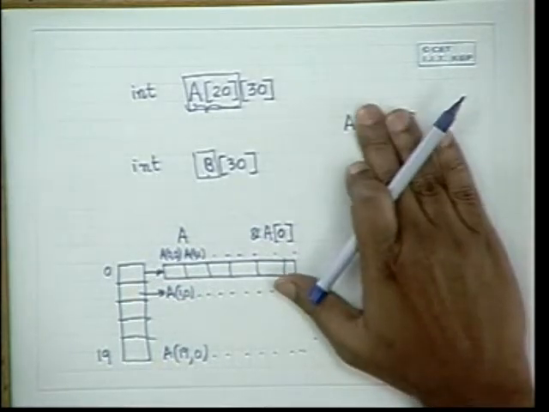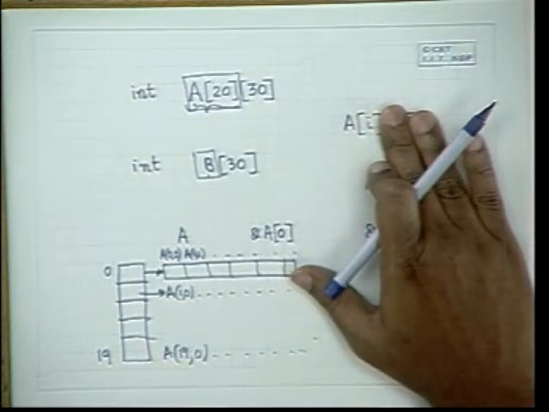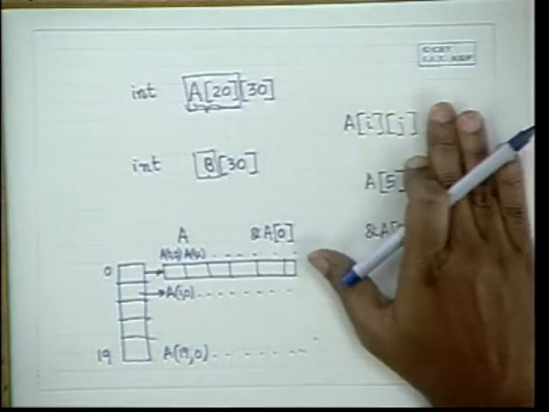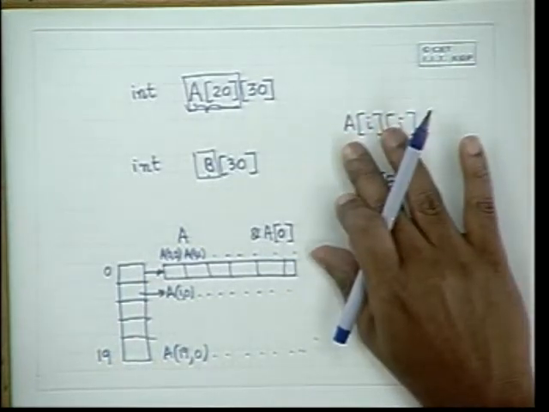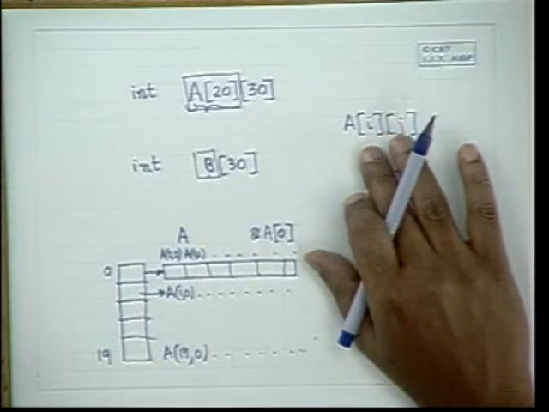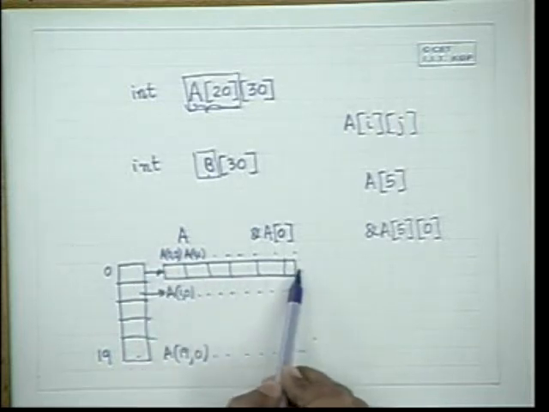A is a pointer to a two-dimensional array. This is a pointer to a one-dimensional array, and this gives you the final location. All right. So you can conceptually have a look at it in this way. These are the addresses of one-dimensional arrays.